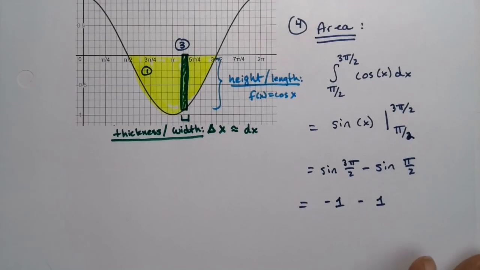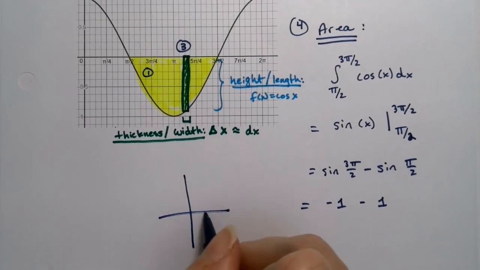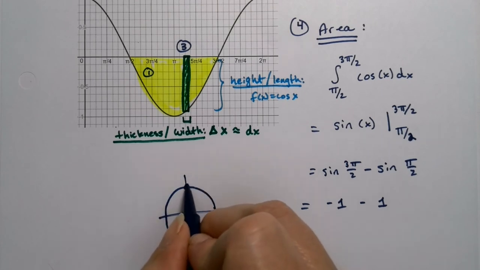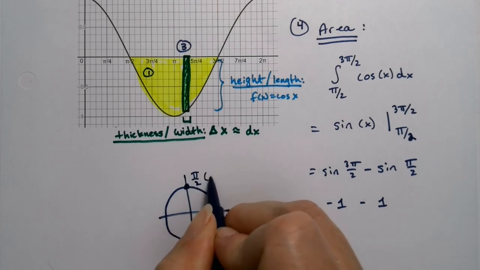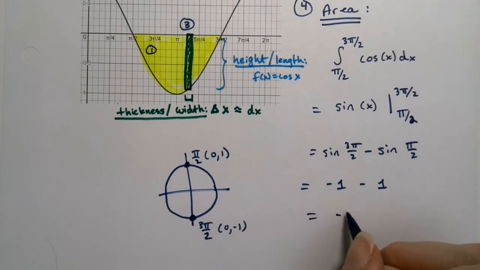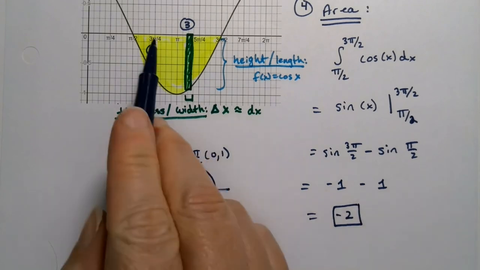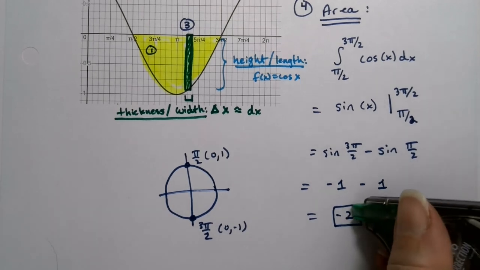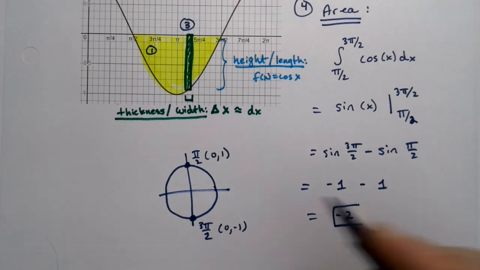Because on a unit circle, 3 pi over 2 is down here, so its sine value is -1, and up here is pi over 2, and its sine value is 1. So it's -1 minus 1, which is -2. So that area that we shaded is -2. Oh, and if x and y are assumed to be in centimeters, then this would be centimeters squared.